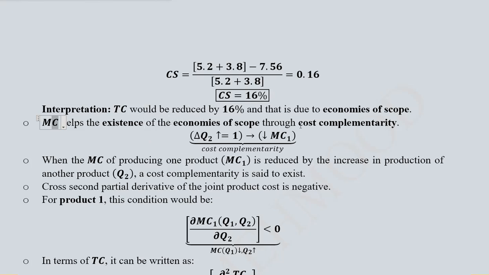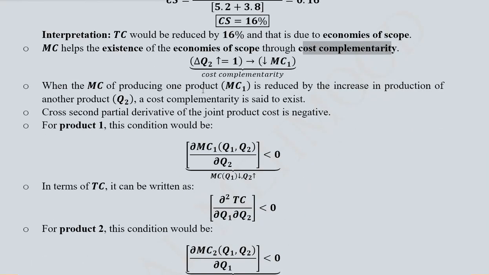We can check that, and for that we use the concept of cost complementarity, which means that there is complementation between the cost of the first good and the second good. Here we can see that if we produce an additional unit of the second product, it will affect the marginal cost of the first product in a way where it decreases.